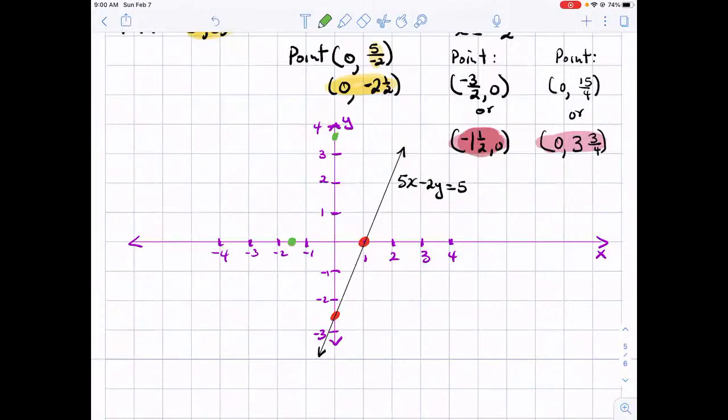If I connect those 2 dots, I have this equation. And clearly I missed one of my points, so we'll try again.